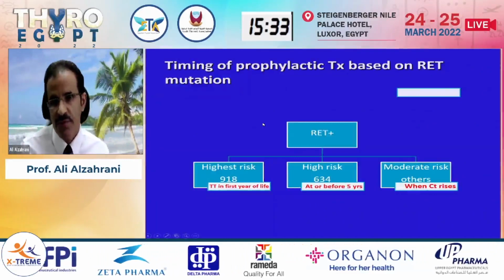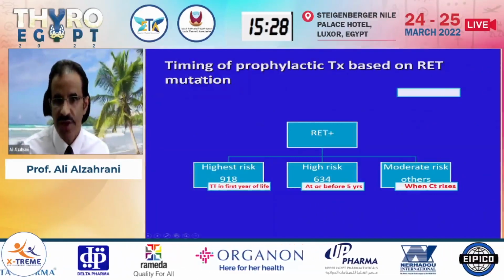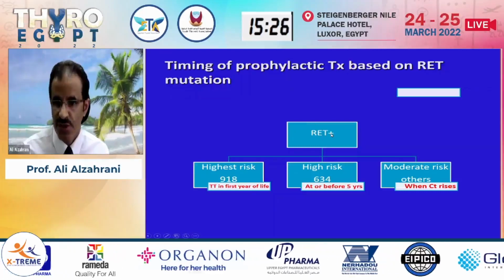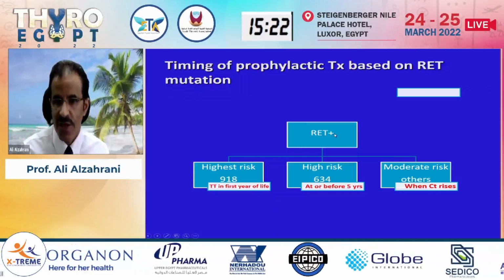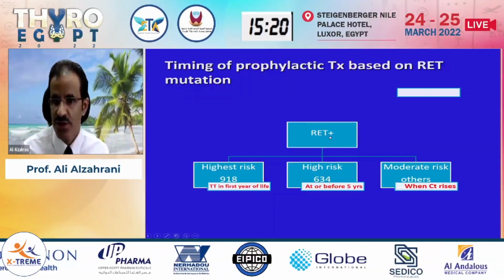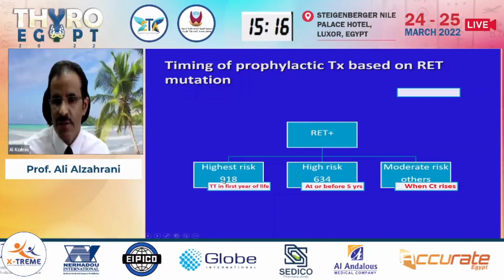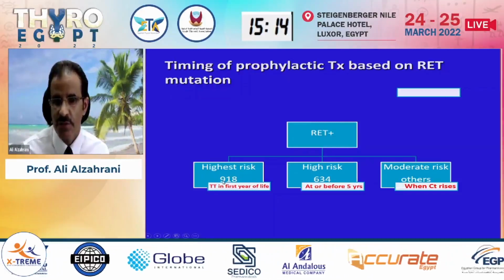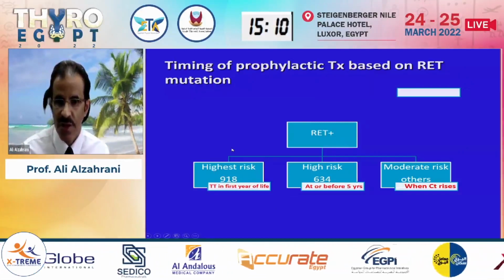This is from the American Thyroid Association guidelines, what to do when you have a positive RET mutation. So if you have a child and he is RET mutation positive, the next question is, what is this mutation? This mutation, 918, is the very highly virulent or aggressive mutation. This is considered to be the highest risk.